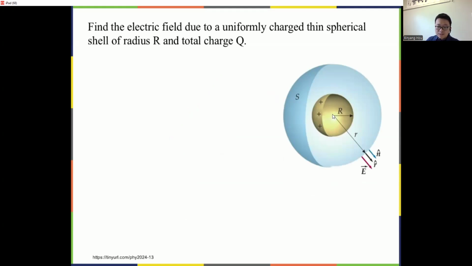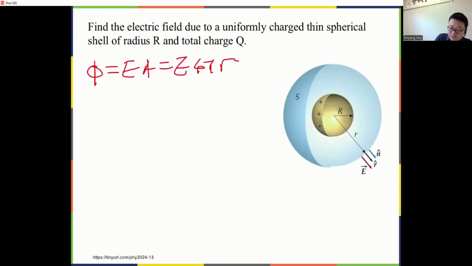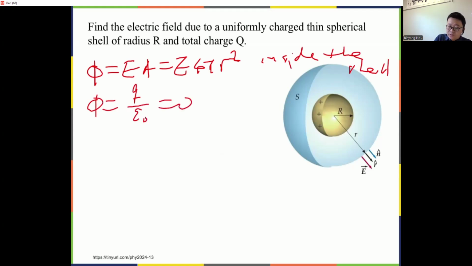When you are inside the shell, flux is equal to E times A, that is E times 4 pi R squared. According to Gauss's law, it is Q enclosed over epsilon naught, and that should be equal to 0 because inside there's no charge. So the E field will be equal to 0.